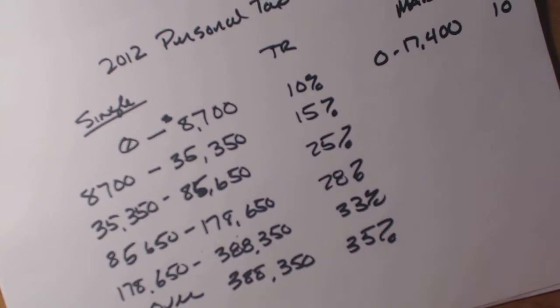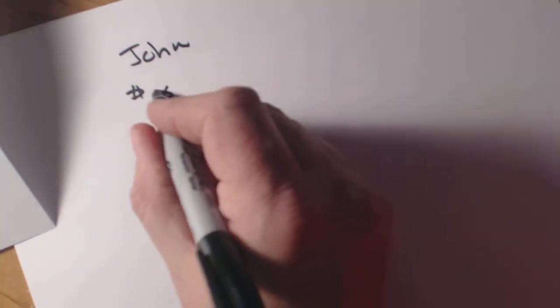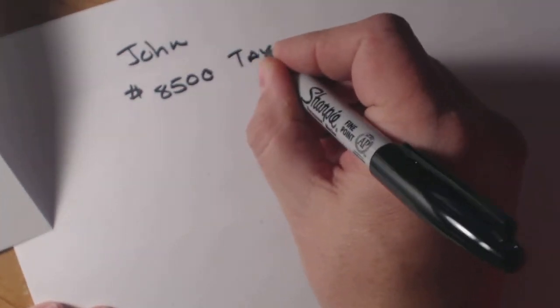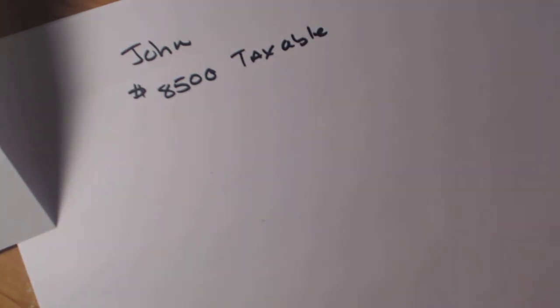All right. So you have a person who is going to earn money. For instance, John earns $8,500, that's his taxable income. He may earn more than that, but his taxable income is $8,500.